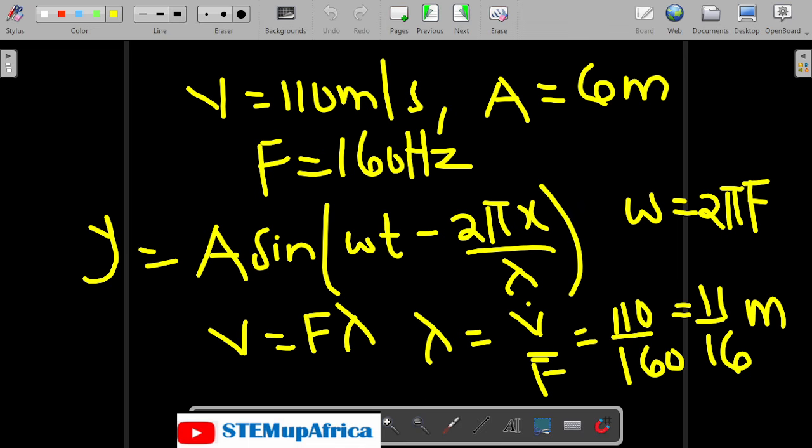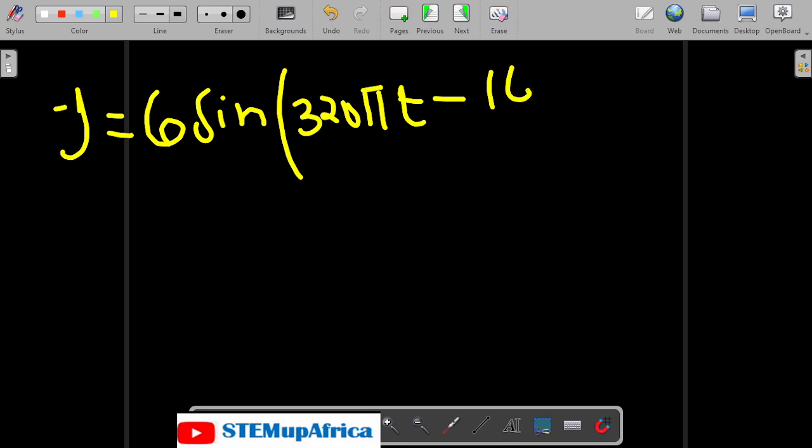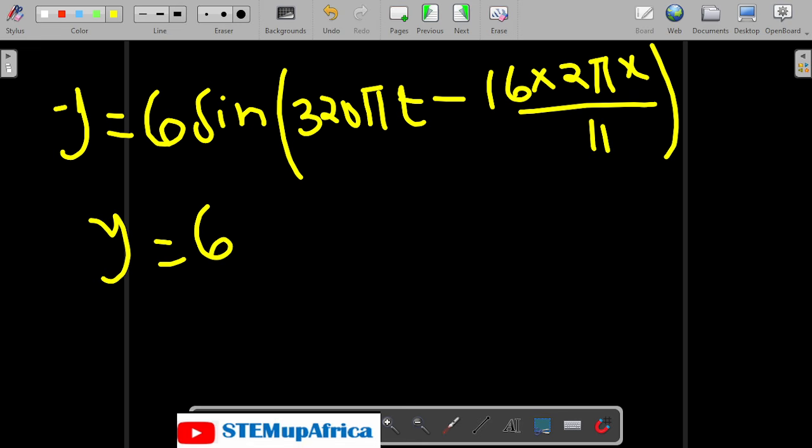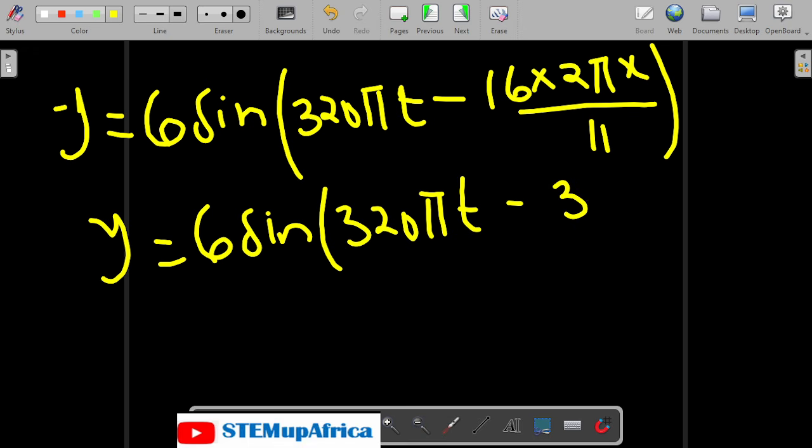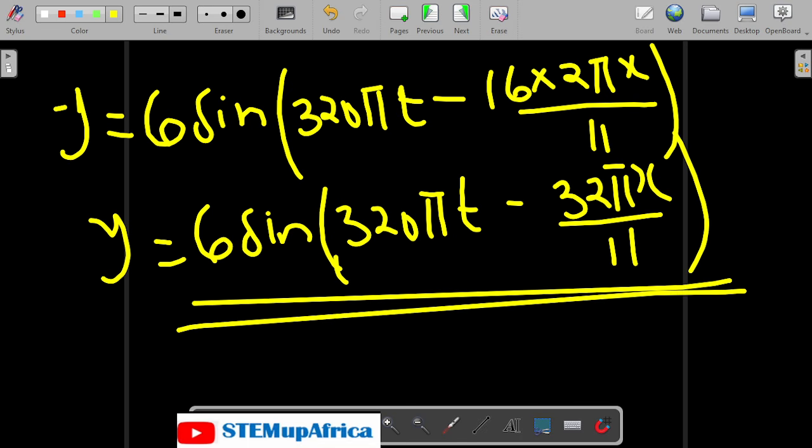So if I invert, I'm going to have 16 times 2 pi x divided by 11. So my y is now 6 sine of 320 pi t minus 32 pi x over 11. So this is now the progressive wave equation.